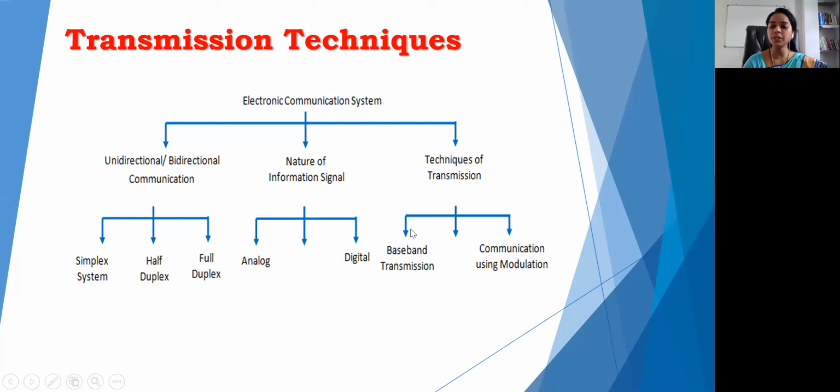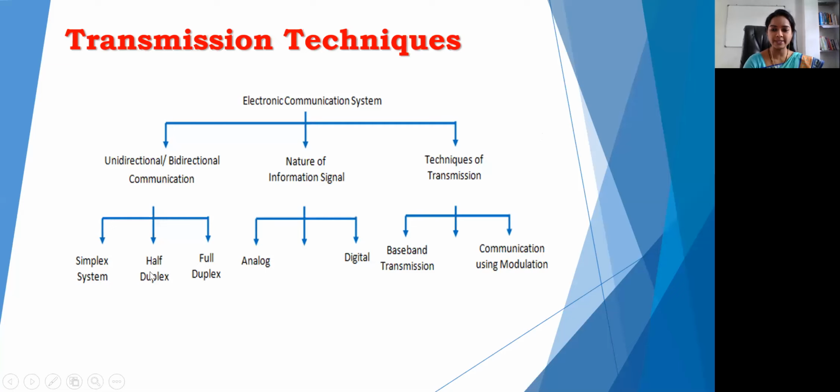In unidirectional or bidirectional you can have simplex, half duplex, and full duplex. This is all I have told you in the last class, so you will be familiar with these words.